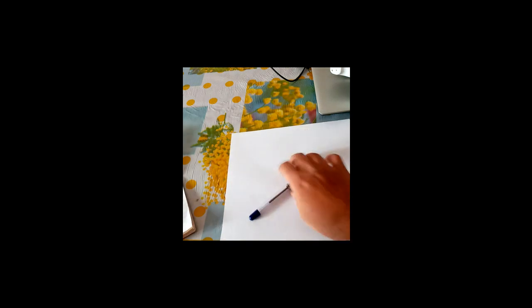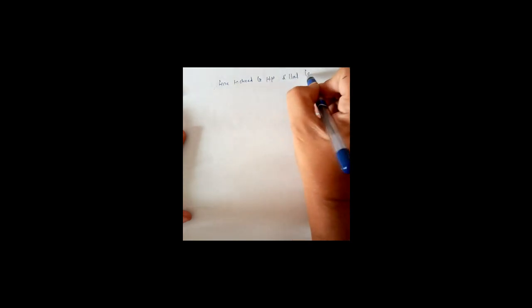So I am summarizing it here. First we have seen, if the line is inclined to HP and parallel to VP, then we have considered two cases.